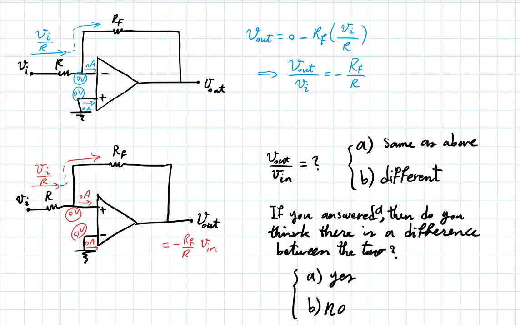So let's see what the assumptions are that I'm using. I'm assuming that this is an ideal op-amp, 0 input current. That should be fine. I'm assuming that the output can tolerate any current, so this current can flow back. That's not a problem.